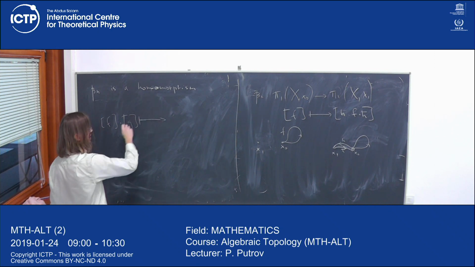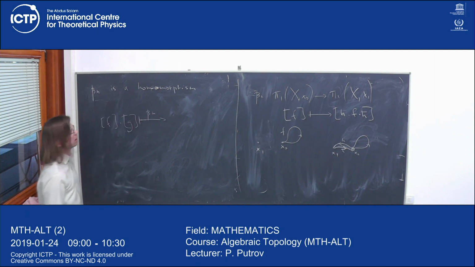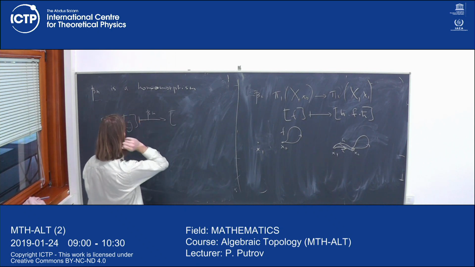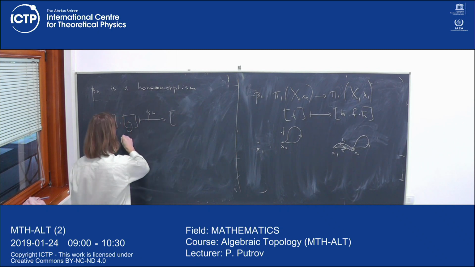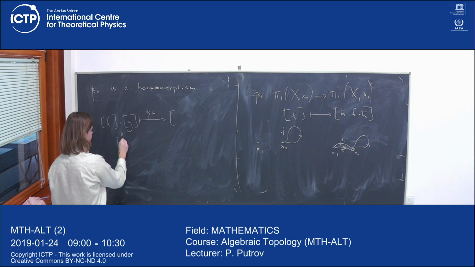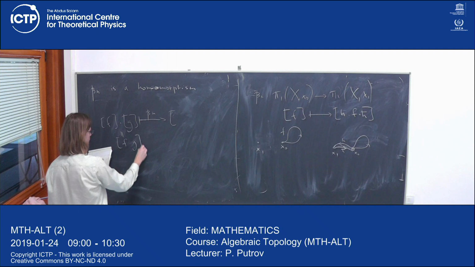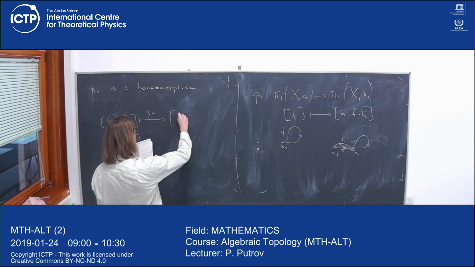Suppose I take a product and I act on it by the map BH. It will go to, this is the same as a composition of f and g, as we showed before.